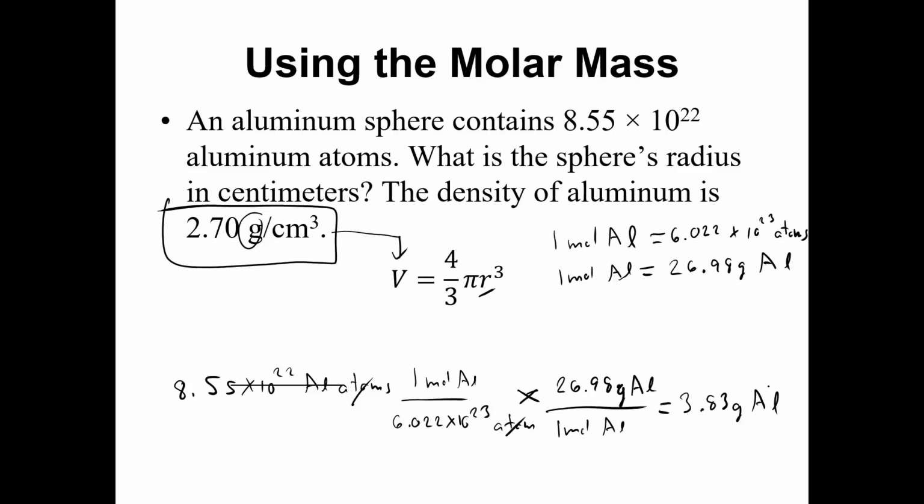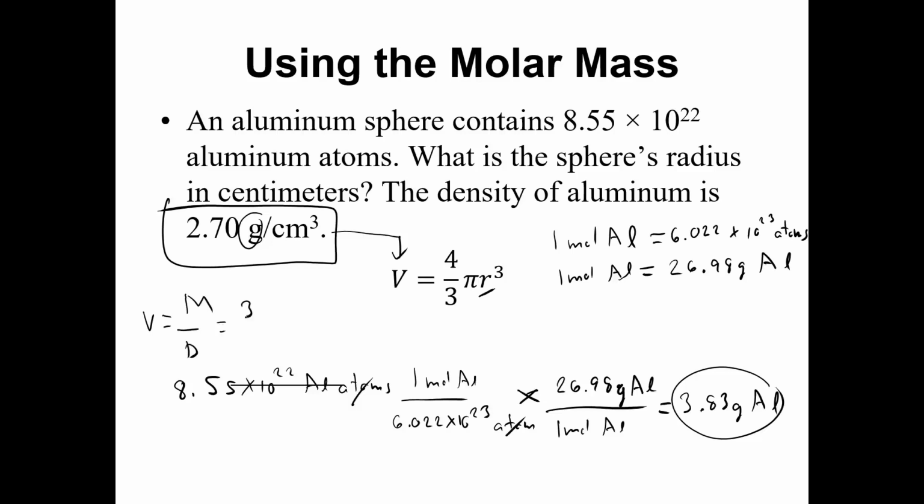From there and density, I can get to the volume, right? So volume is going to equal mass over density.